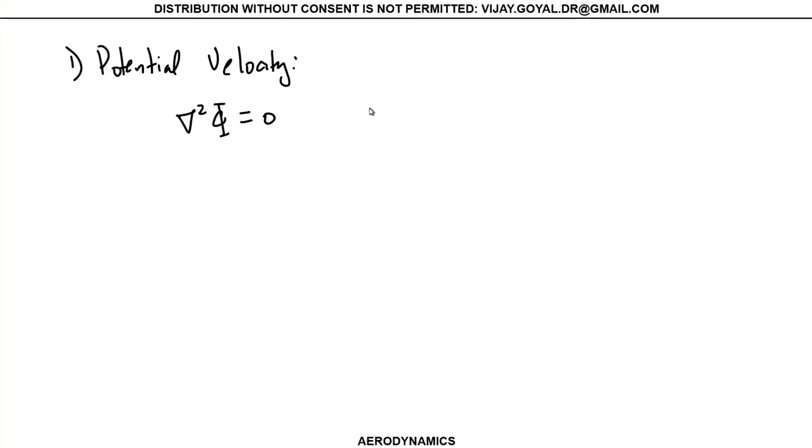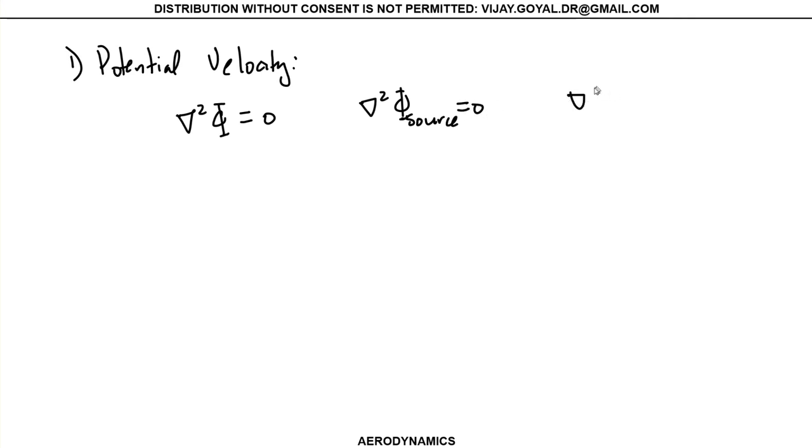First of all, let's see the potential velocity. What will be the total potential? Because of continuity, or conservation of mass, this is equal to 0. So we know that the Laplacian of your source has to equal 0.